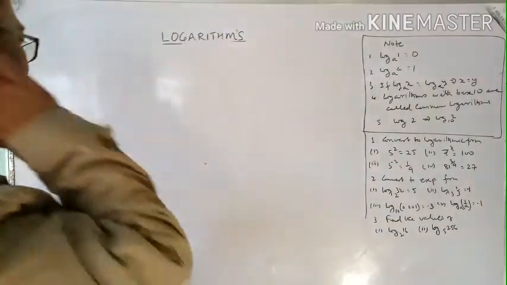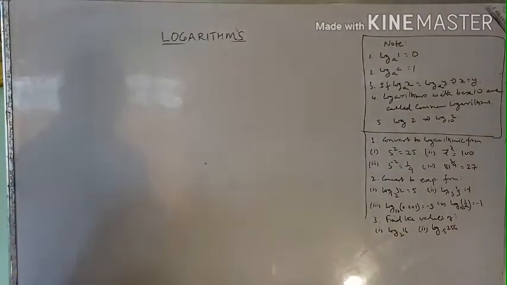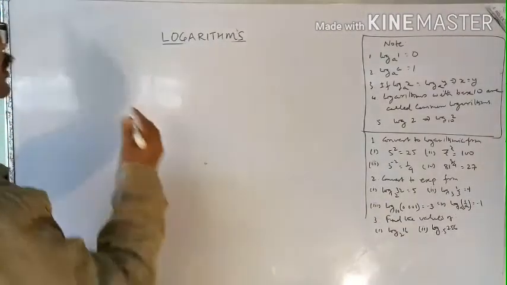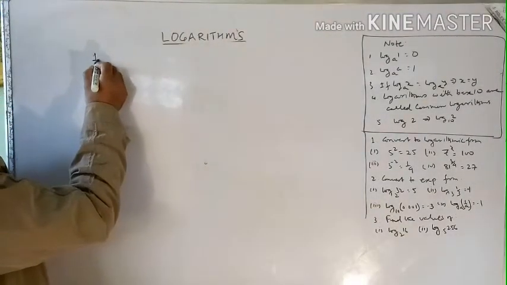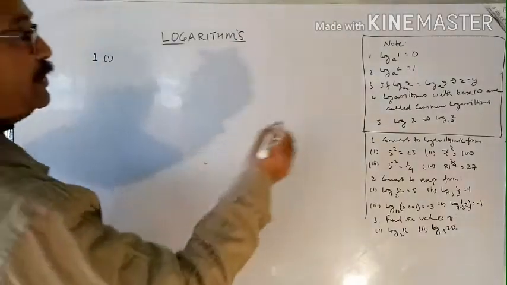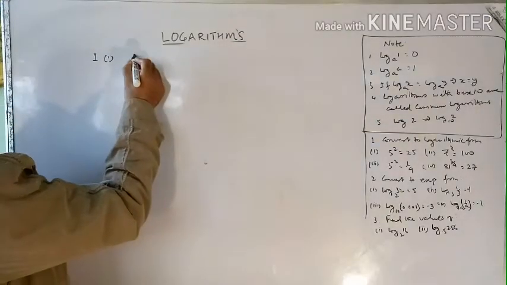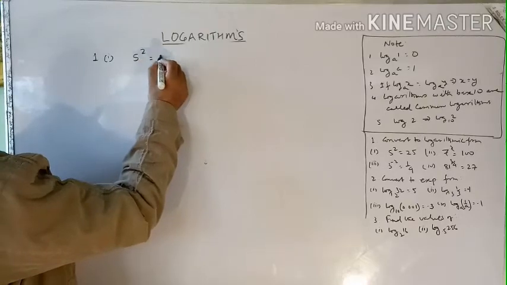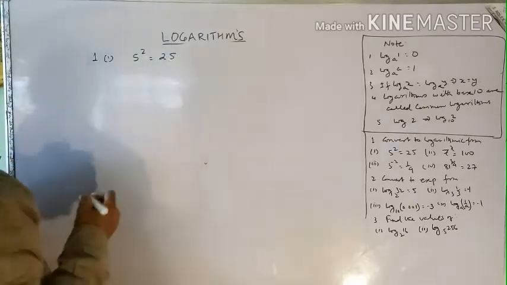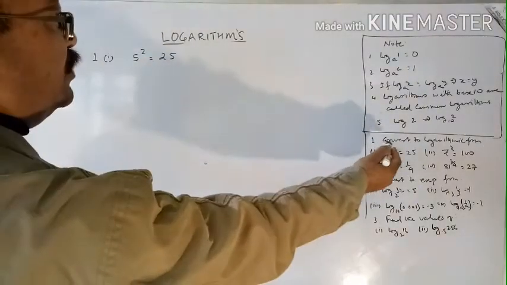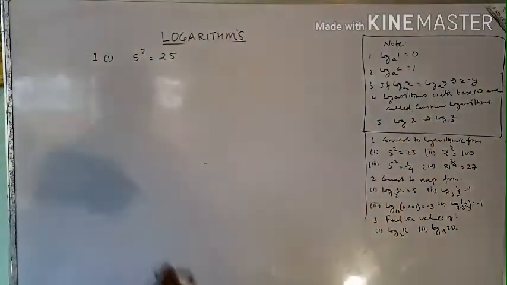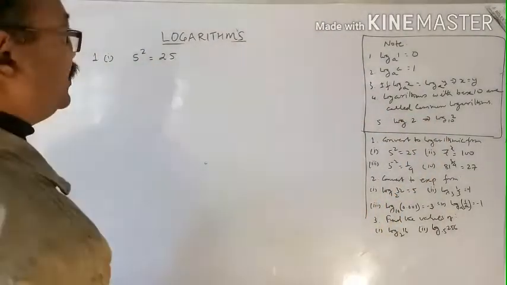Now let's take some questions to understand it better. Question number 1, part 1. Given 5 square equal to 25. The question says convert to logarithmic form. It's in exponential form, so convert into logarithmic form.